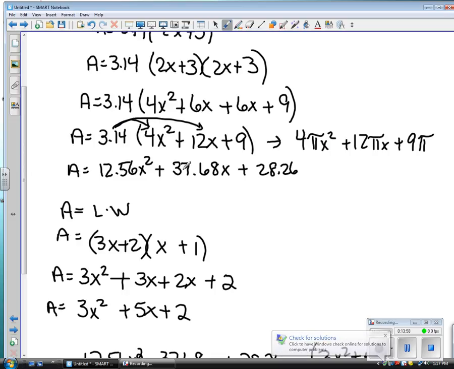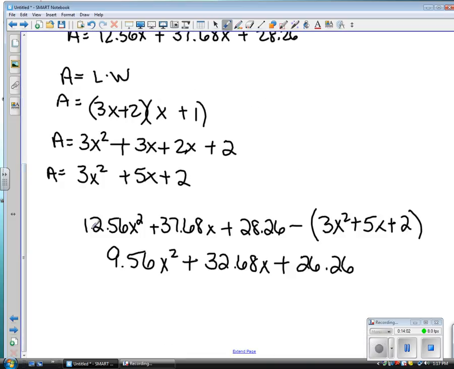They didn't actually multiply. So when they got to the end, they had 4 pi x squared plus 12 pi x plus 9 pi minus this, and they left it. Okay? But unfortunately, we know what pi is, so we can go ahead and multiply it. So I don't understand why the book stopped there.